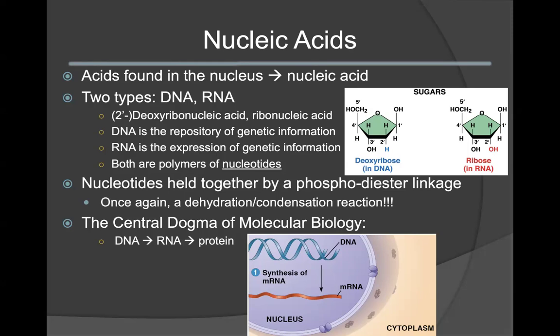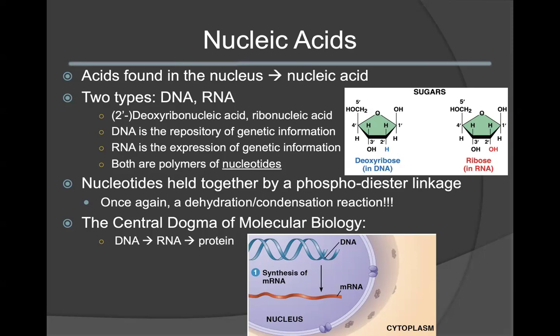When you are talking about these nucleic acids and their role in the cell, it's important to remember the central dogma theory of molecular biology, where DNA acts as a template for genetic information. RNA will then be built off of that DNA template, and this will ultimately lead to the formation of a protein. Here we can see in the diagram below, this illustrates that concept.